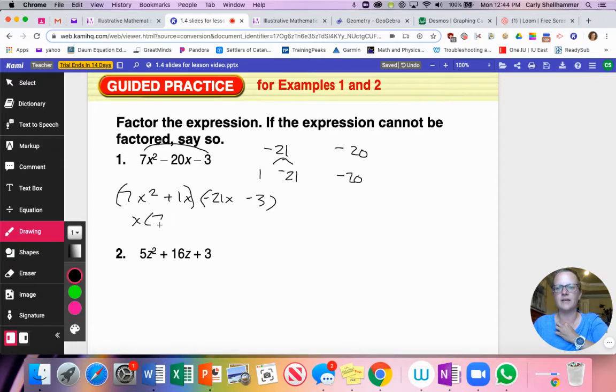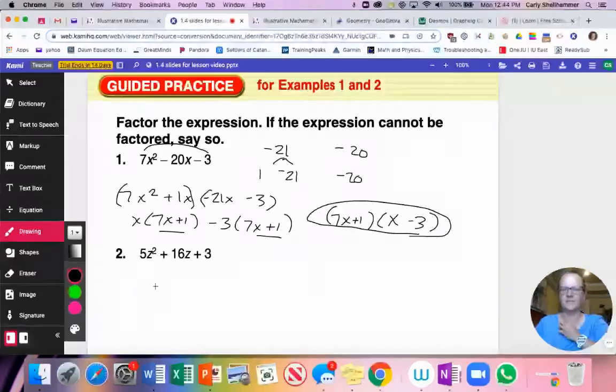Factor out the x. I'm going sort of fast, I know. And then factor out the negative 3. Okay, the binomial matches, so factor that out, and I'm left with x and a negative 3. I think we're good.